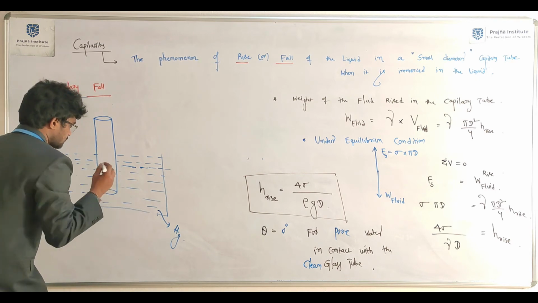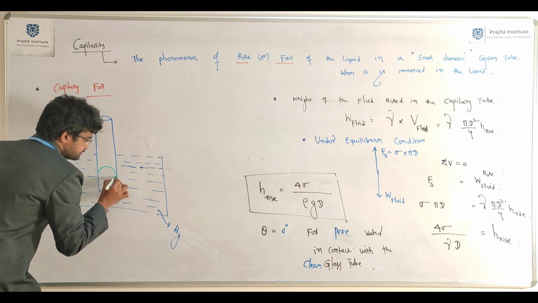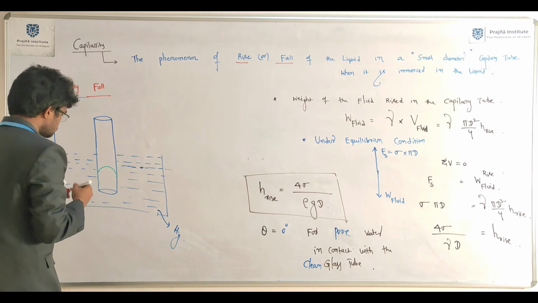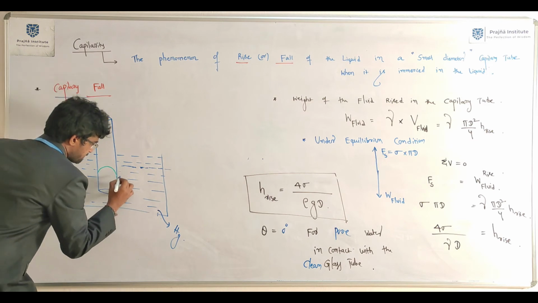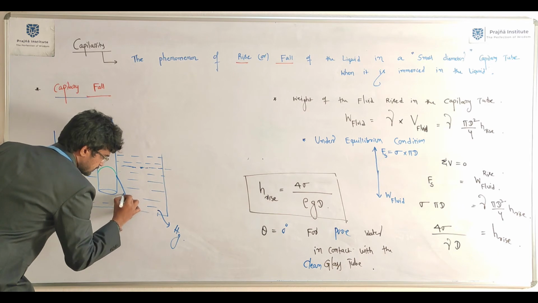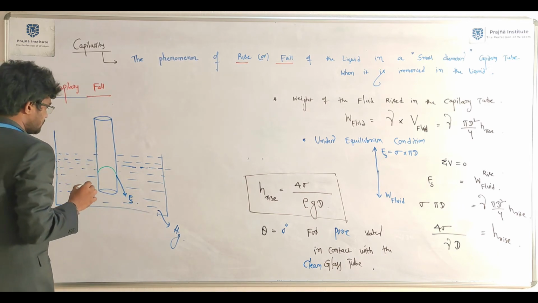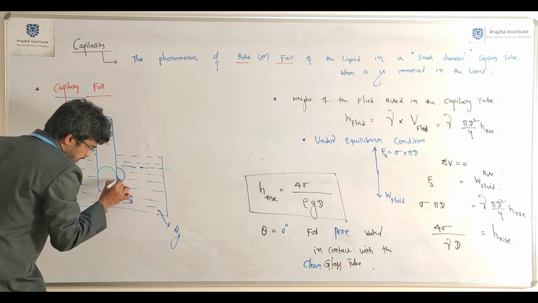Here you will get a convex shape. Here it is making an angle theta. It is Fs. You need to take the angle with respect to the vertical.